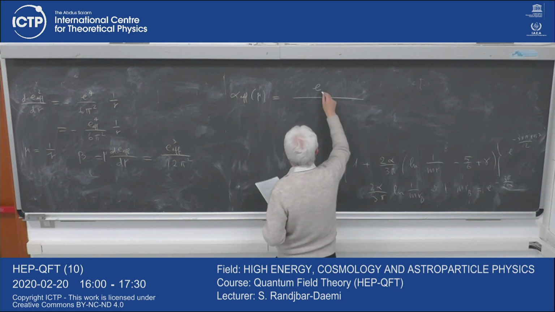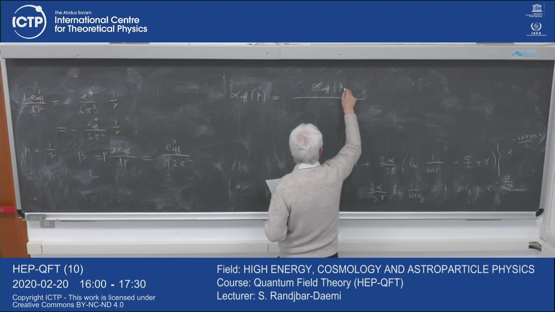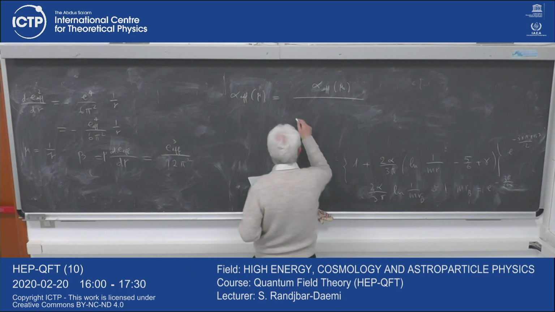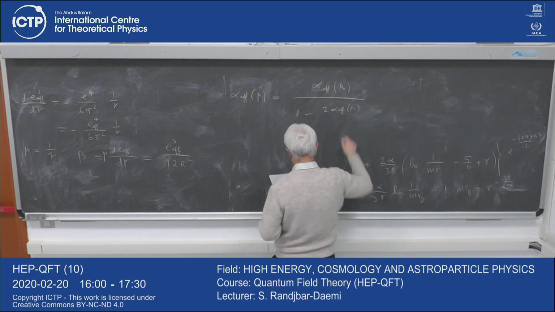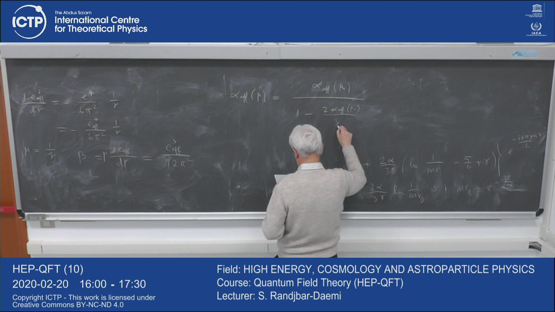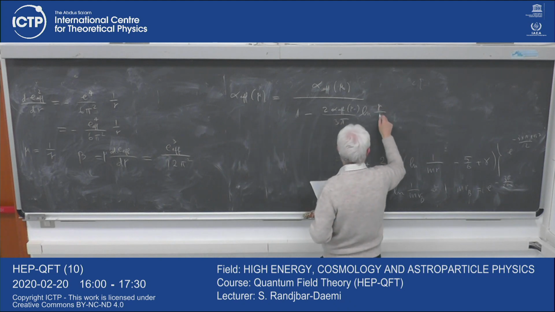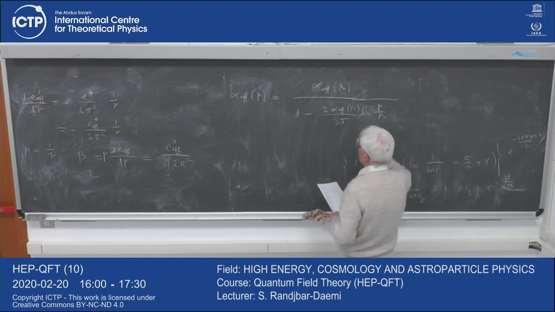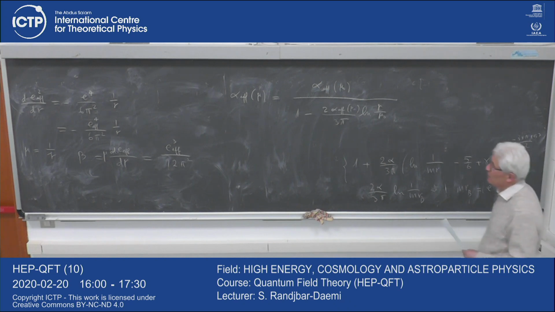It's a first-order differential equation, so it will have an integration constant, which is the value of alpha effective at some fixed mu 0: alpha effective of mu equals alpha effective of mu 0 divided by 1 minus 2 alpha effective of mu 0 divided by 3 pi times the logarithm of mu over mu 0. So this is what's called the running coupling constant.